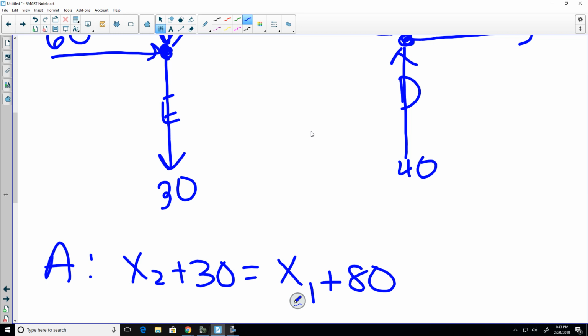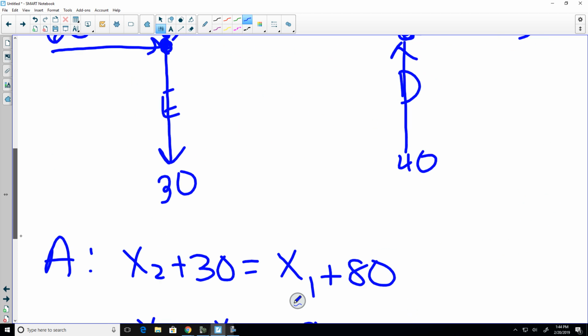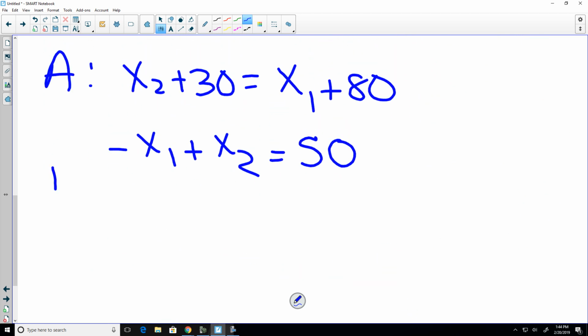All right, let's look at B. What's going into B? X3 and X5. And coming out is X2 and X4. So X3 plus X5 has to equal X2 plus X4.